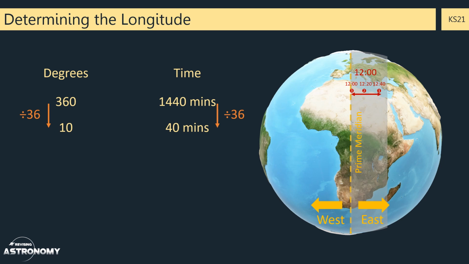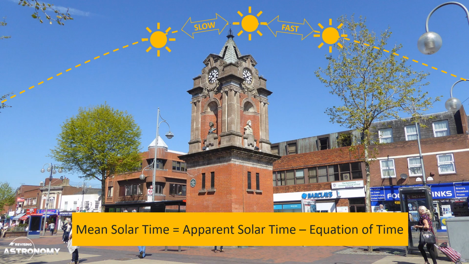Okay, so we've got that worked out, and then using measurements of the sun we can then determine the difference in longitude. Surely there are no other issues. Well, there is one. The sun doesn't actually appear to move through the sky at the same rate. Sometimes it can be a bit fast, and sometimes it can be a bit slow.